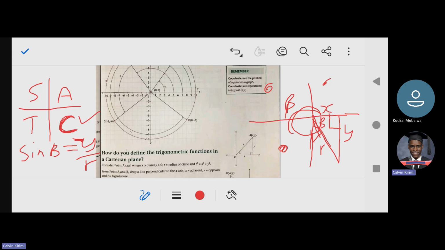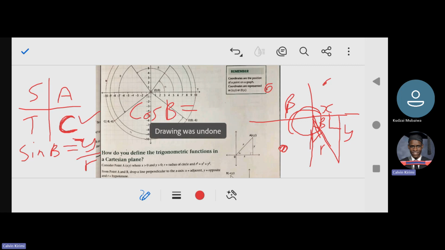Let's go to cos beta. Cos beta will be equal to what? Adjacent. Negative X. Before you go to negative X, please, let's put the trig ratios without the signs.